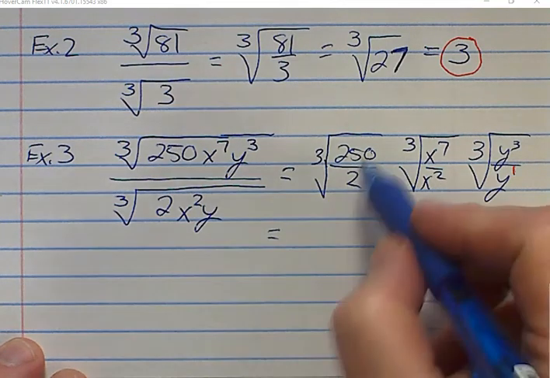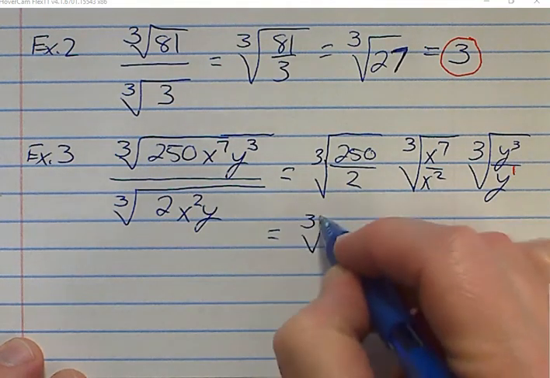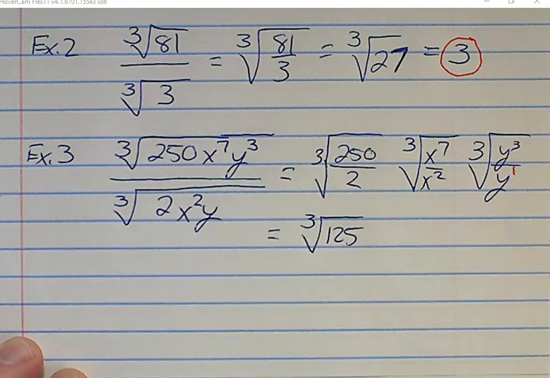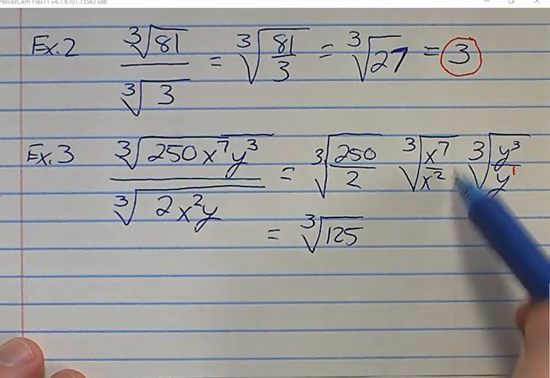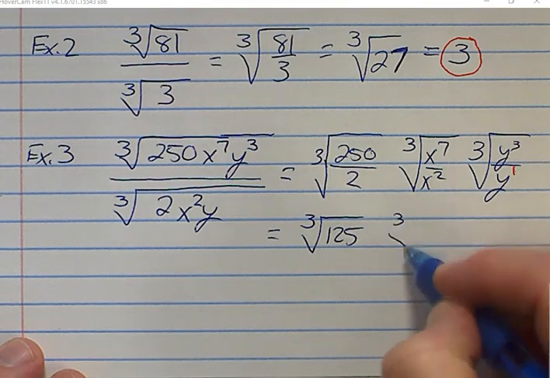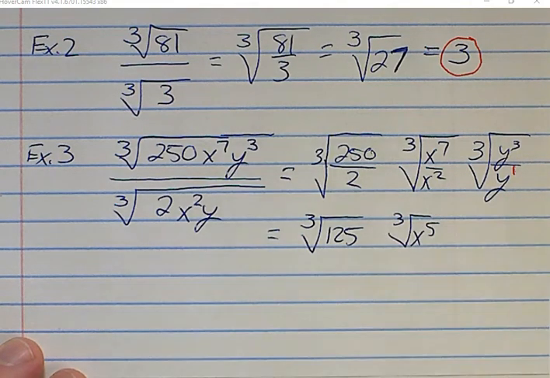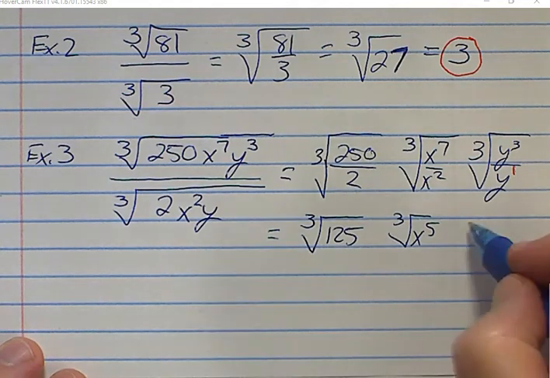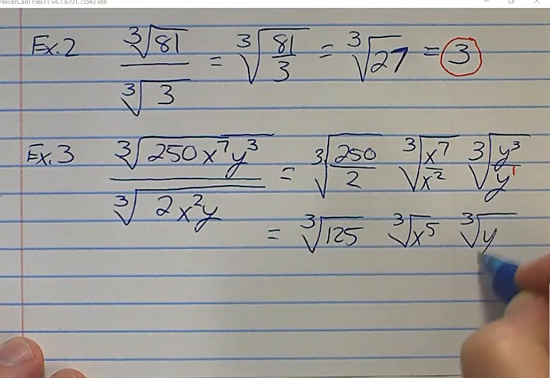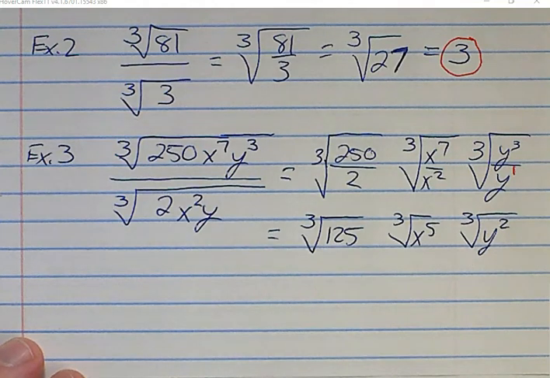Okay, if we do 250 divided by 2, that is 125. And on the exponents, again, you're just going to subtract these, so that's the third root of x to the 5th. For this one, that's going to be the third root of y squared.